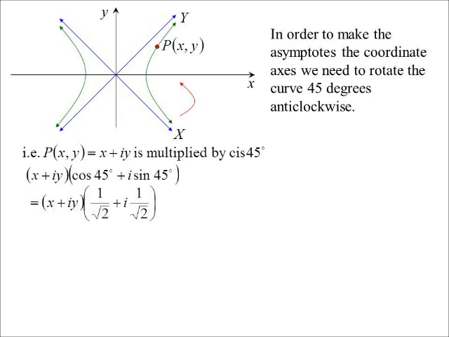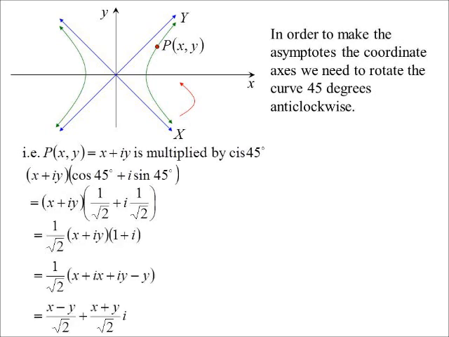Okay, let's see what happens. So if I get x plus iy, I'm going to multiply it by cis 45. We'll expand that out to what we know to be cos 45 plus i sin 45, and of course, they're both 1 on the square root of 2. If I expand the whole thing out, eventually, and break it into its real and imaginary parts, the real will be the new x value, the imaginary will be the new y value.